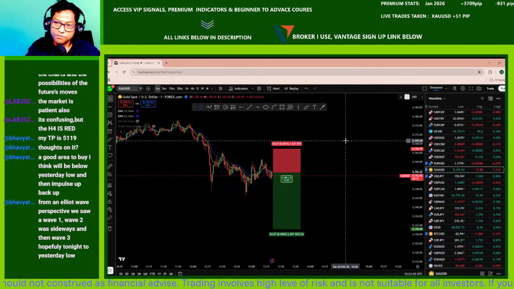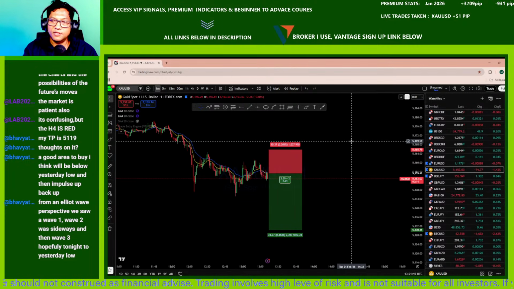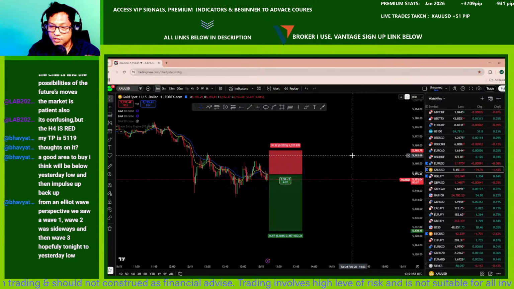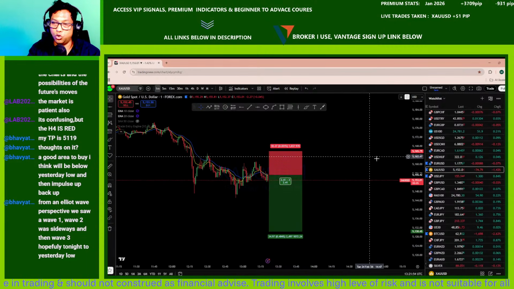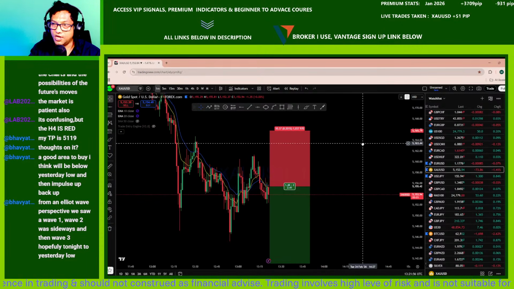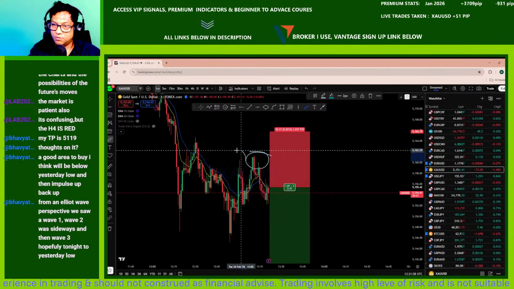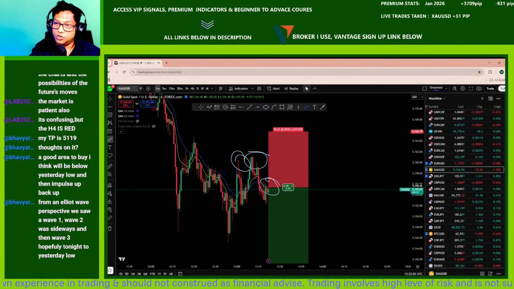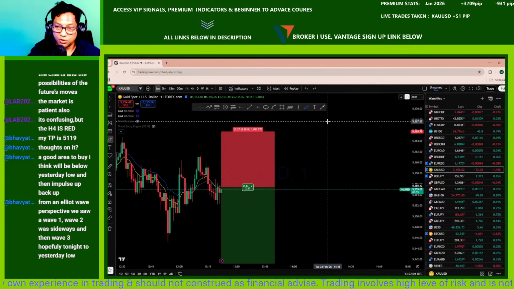So I have placed the sell order in that area and am expecting this market to eventually continue in that direction. And there is a head and shoulders. If you look at it, a straight head and shoulders, and with that head and shoulders the market is showing to be to the downside here.